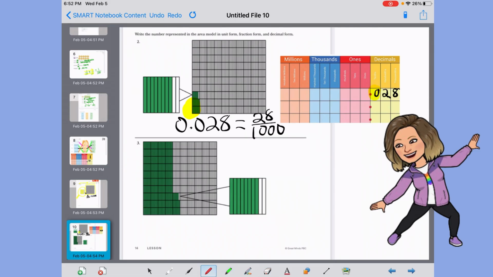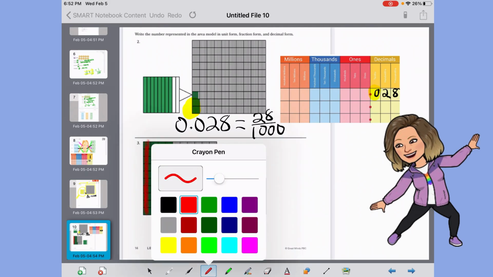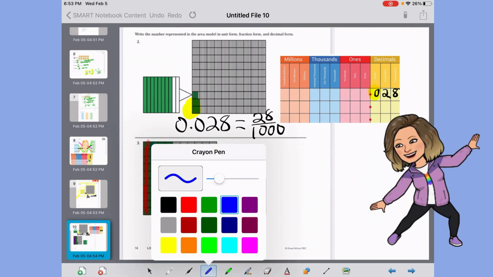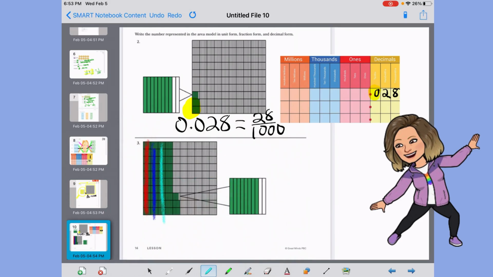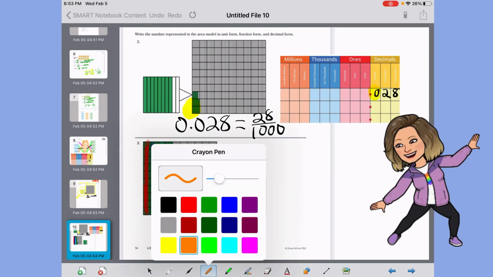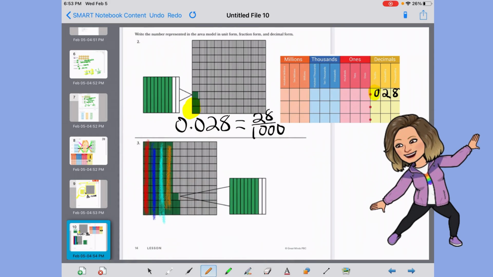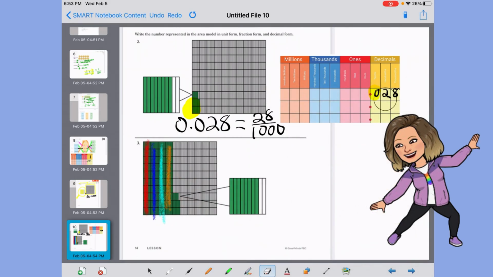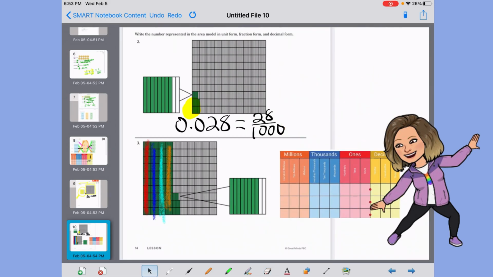Or I could remember that each row is a tenth. And ask myself, well, I've got 1/10, 2/10, 3/10, and 4/10. So I definitely have, let's clear our place value chart here and bring it down, 4 whole tenths.